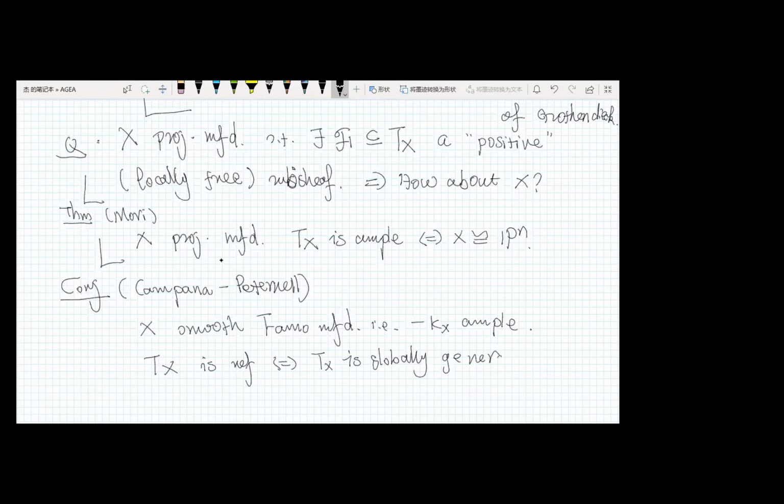The latter is equivalent to saying that X is isomorphic to a rational homogeneous space.